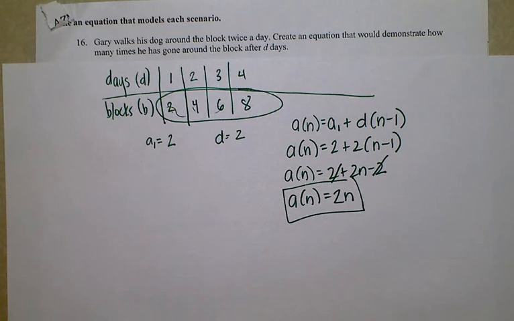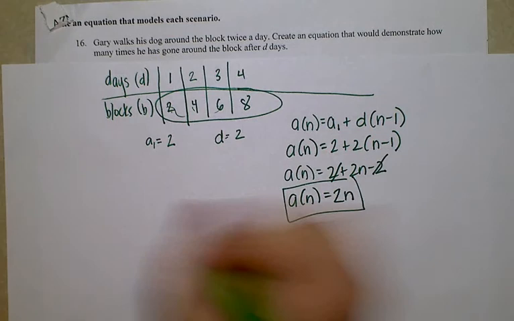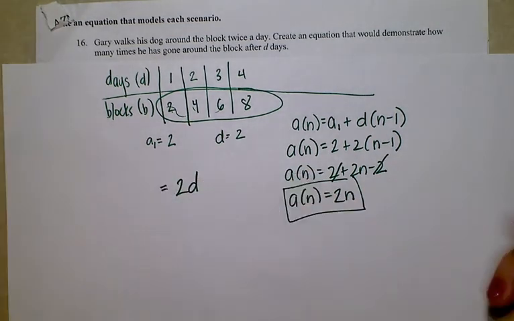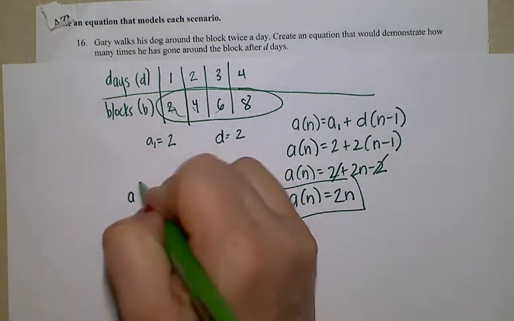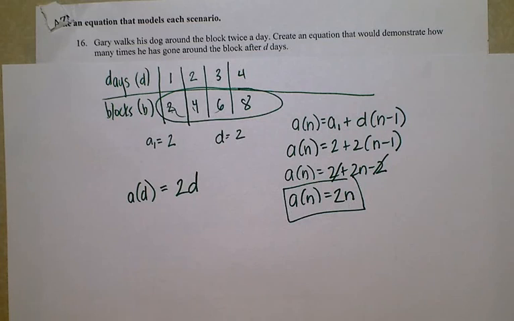Now this is assuming n here, and we're going to switch this right now and make this n into days here. So I know 2d, and you can keep this a sub d if you want. It just specifically says have d equal the number of days.